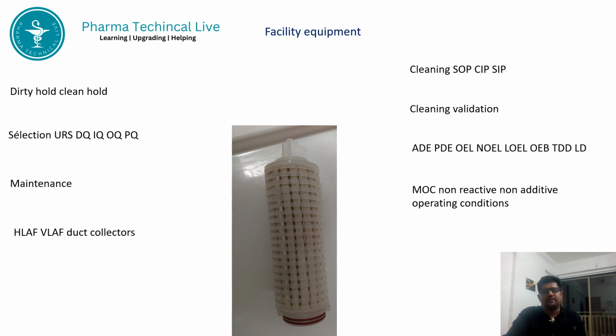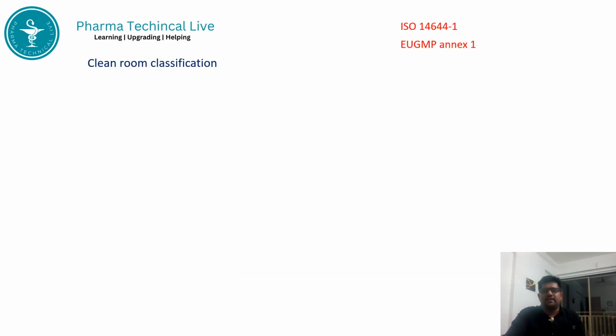So we have to get control on the filters, equipment, its cleaning procedures, dirty hold time, clean hold time, and selection criteria. These are some basics we have to learn and follow to produce the product with the highest purity. Then we'll move to the next source.